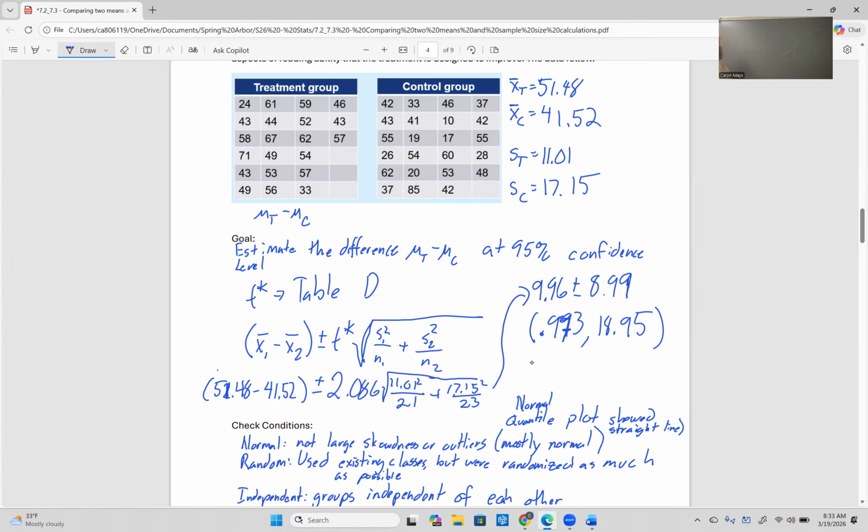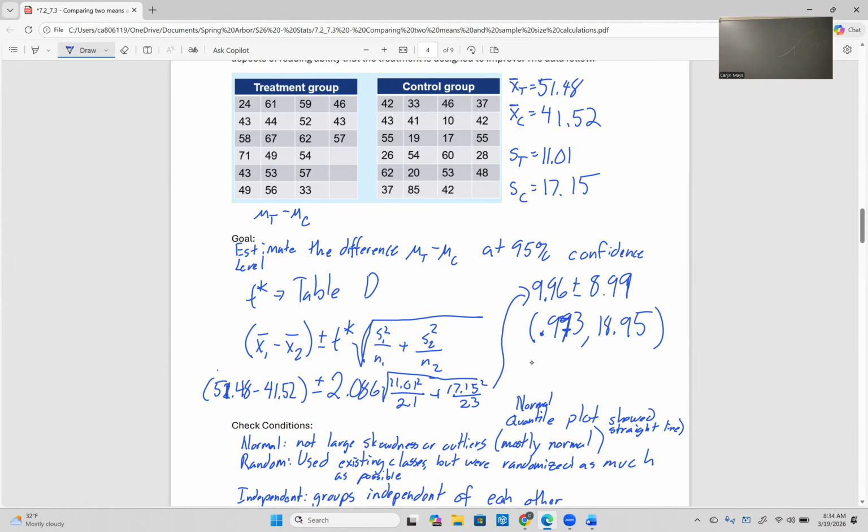Our typical null hypothesis for a two mean test is that the means are the same, or the difference in the means is 0. Is 0 inside this interval? No. It stretches from about 1 point up to 19 points.